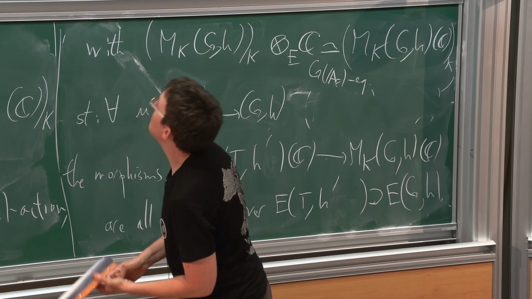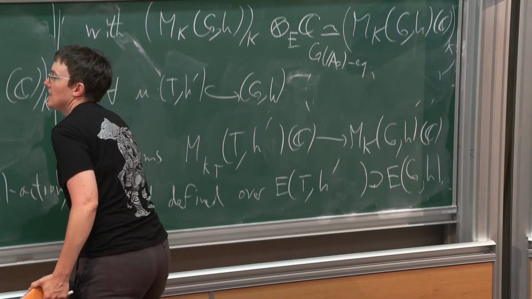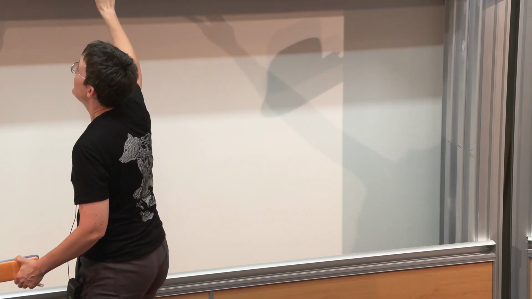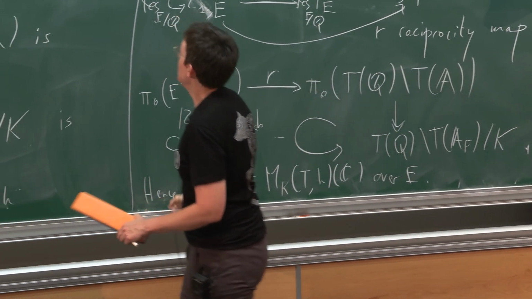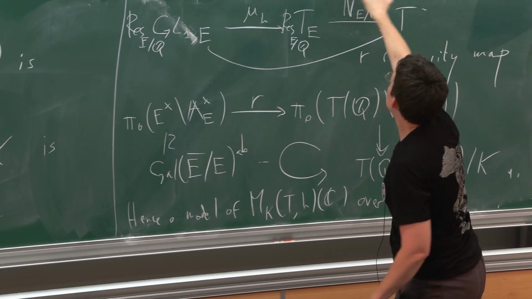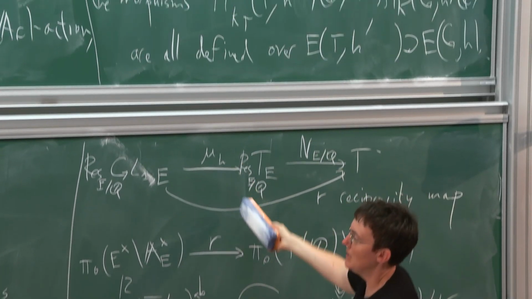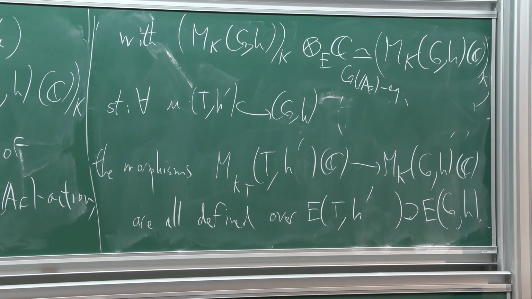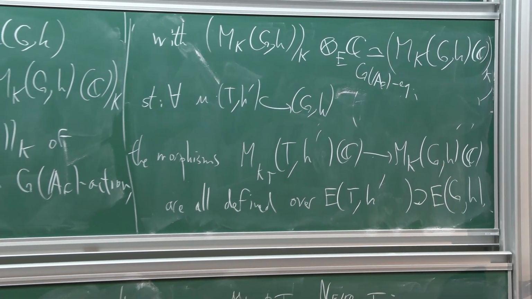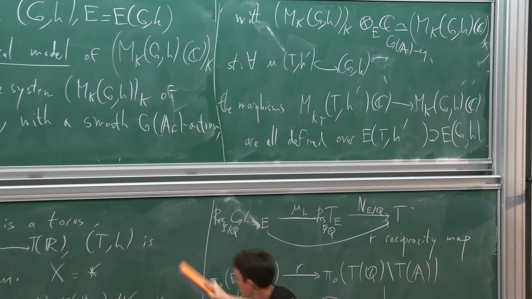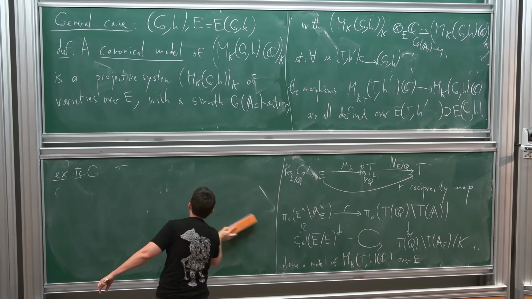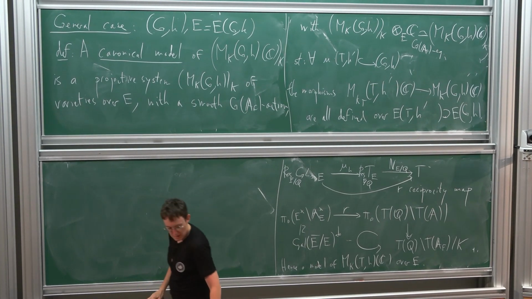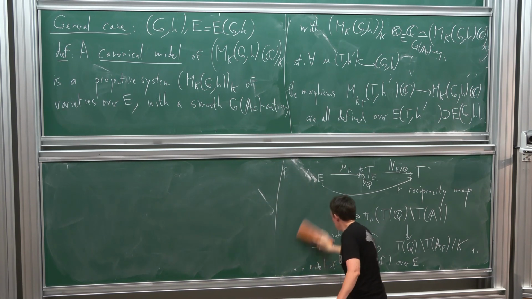So, right, what can I say in like 2 minutes? Of course, when I say they are defined over this, I just mean that for T, I take the model that I just defined on this board. So why is that reasonable at all?